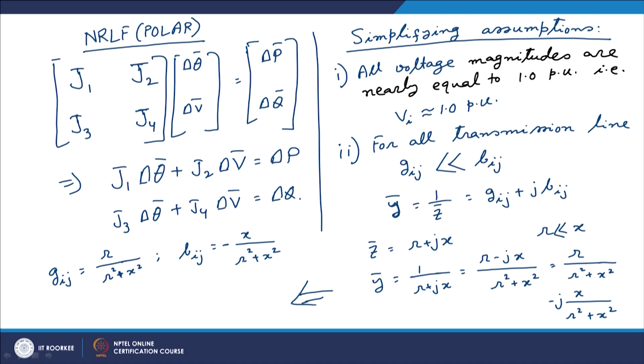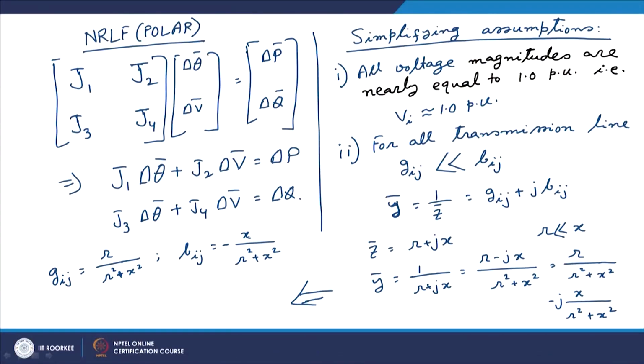So, r is a value which is small in per unit, let us say 0.03 or let us say 0.0023, something like that. x is also a value which is pretty small. So r squared would be even reduced, x squared would be even reduced. So r squared plus x squared would be a very small quantity, and x, although it is a small quantity, because this is squared, this divided by this would actually be a very large quantity.